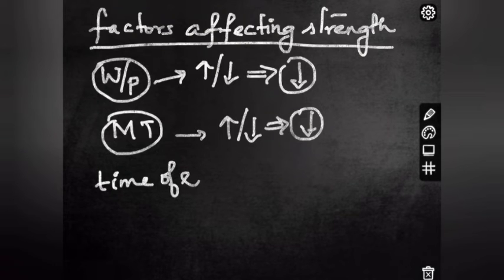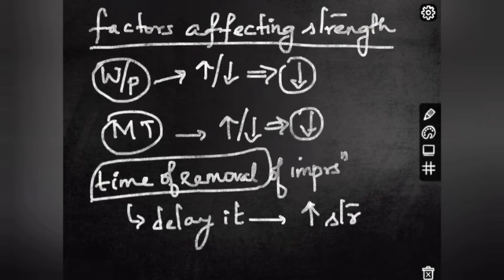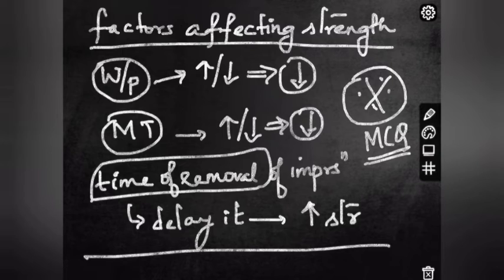Now, time of removal of the impression from the mouth. If you delay the removal of the impression for a few minutes, it can actually increase the strength of the material. So it will be more set, more strong, so you can remove it. This is very important for MCQ questions for any type of dental board examinations.